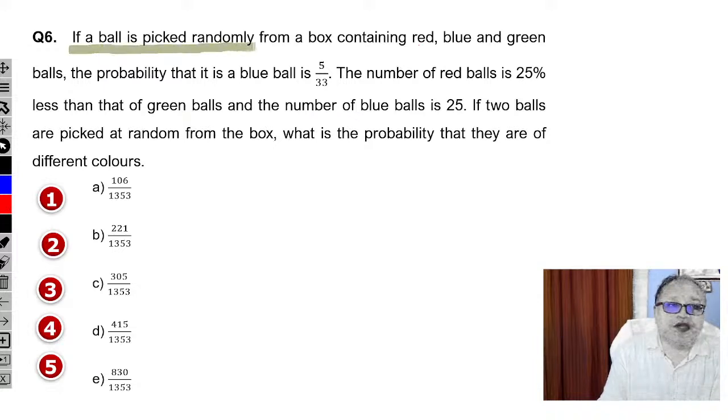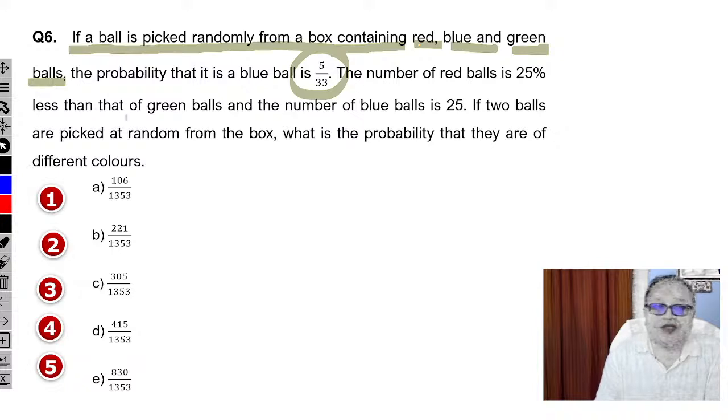If a ball is picked up randomly from a box containing red, blue and green balls, the probability that it is blue is 5 by 33. The number of red balls is 25% less than the green balls. So if green is 100, red is 75.